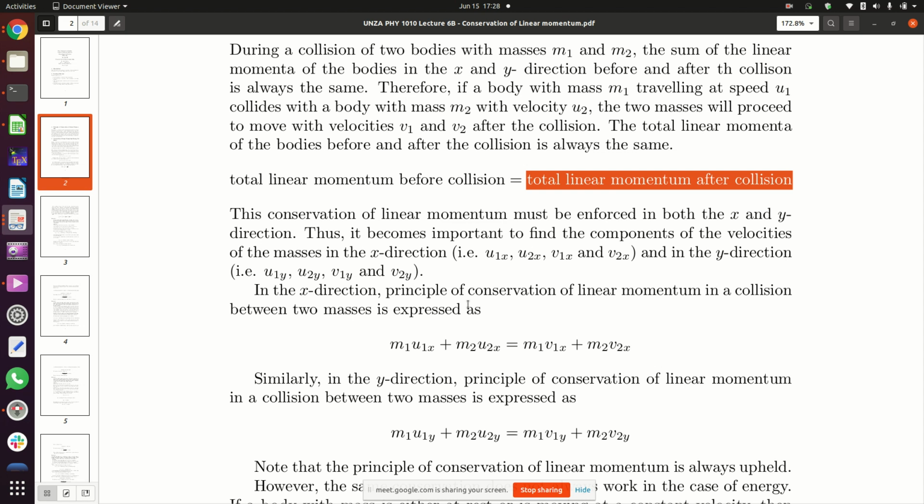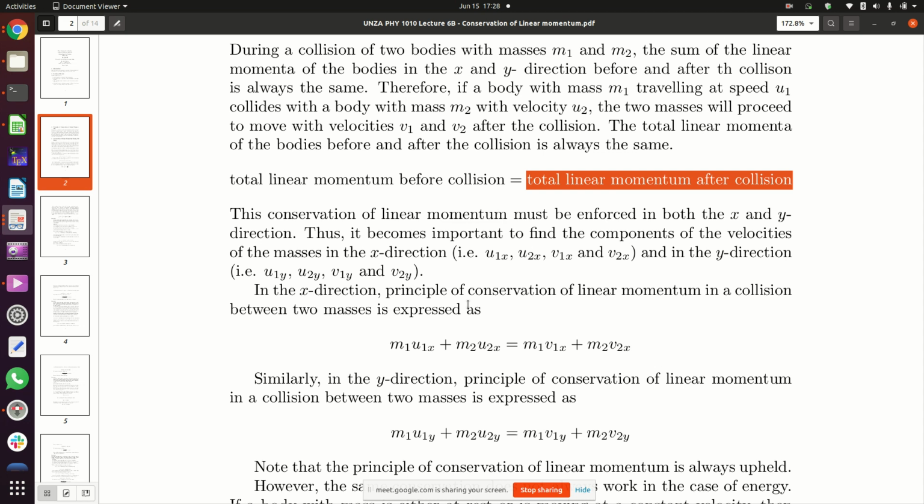It has to be true along the y direction also. So we need to reinforce this condition of the total linear momentum before collision equal to the total linear momentum after collision along the x direction. We need to reinforce it along the y direction.